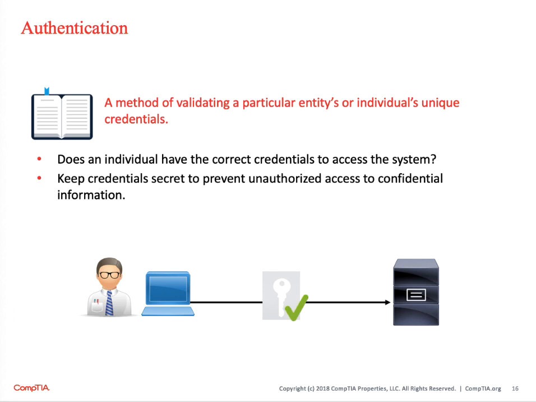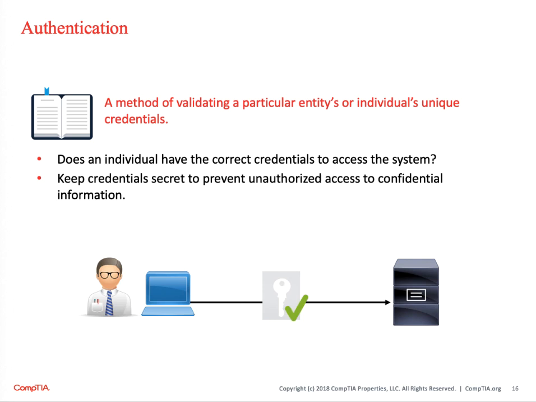On top of that, we're going to get into the authentication factors that we can use to authenticate somebody's given identification. But on top of authentication, we're going to use that to make sure that an individual has the correct credentials to access our system, right? So that's what the authentication is actually doing. We're proving that we are John Jacobs. And am I the John Jacobs that needs to be able to access the system?